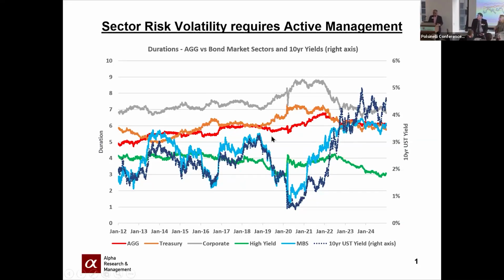You can see that duration of high yield has actually been shrinking. IG corporate duration has gone up significantly. Treasuries and the ag, which incorporates mostly investment grade stuff like corporate bonds, duration has gone up over the past few years. And so duration equals risk, right?